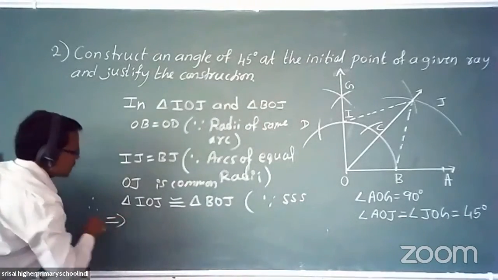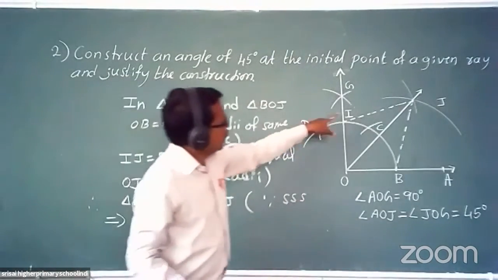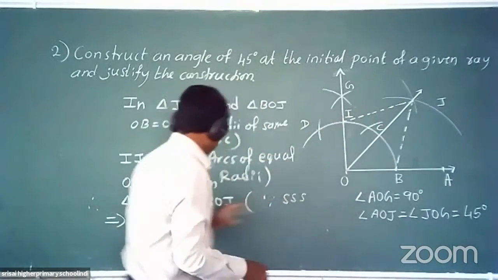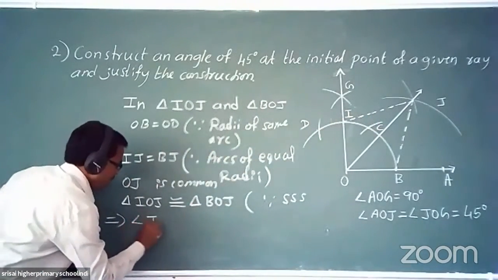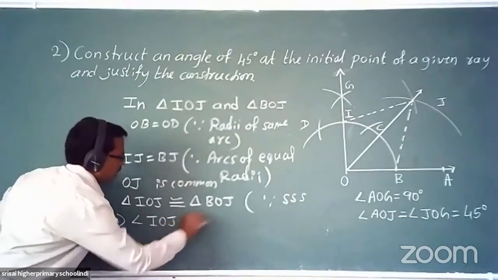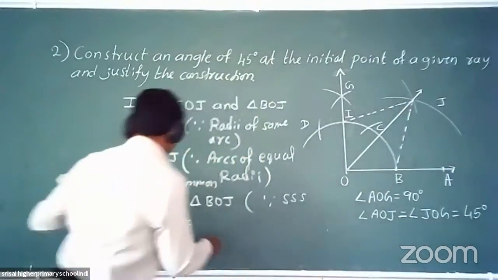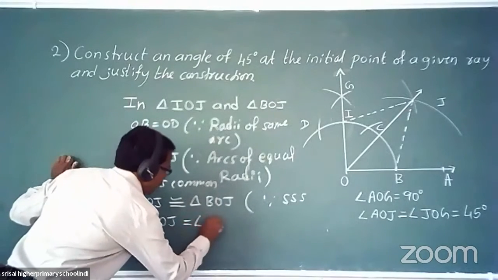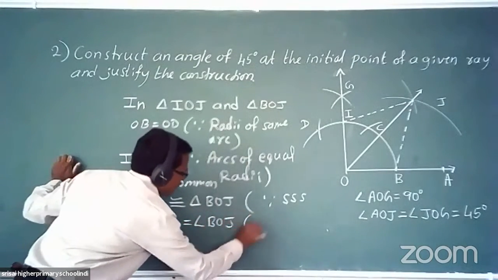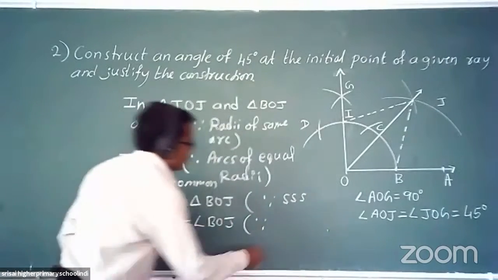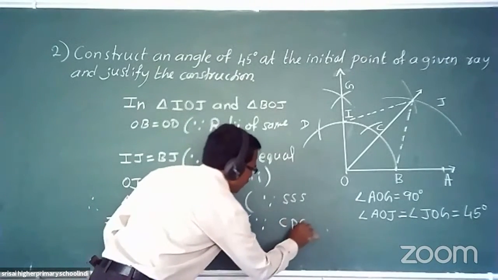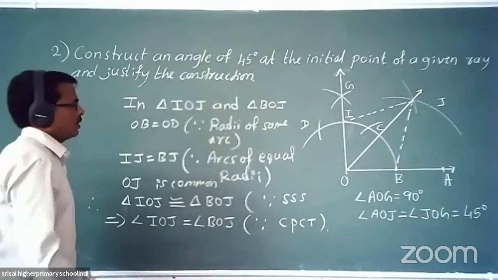Now this implies angle IOJ equals angle BOJ. Why? Because corresponding parts of congruent triangles are equal.